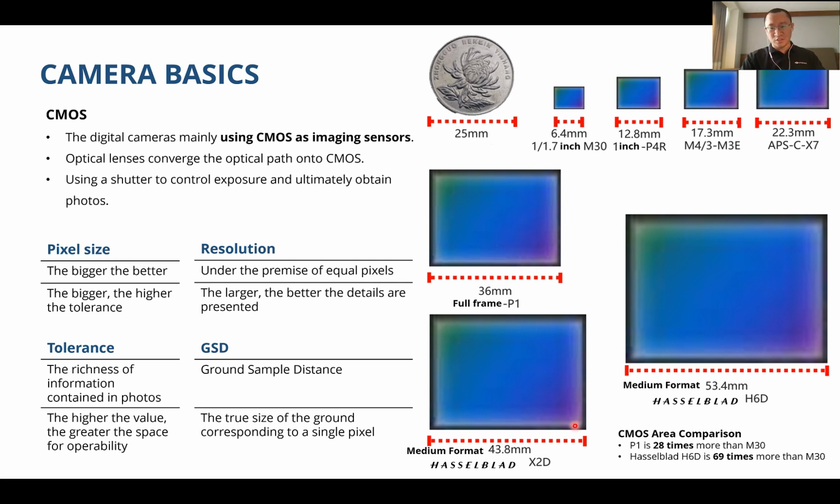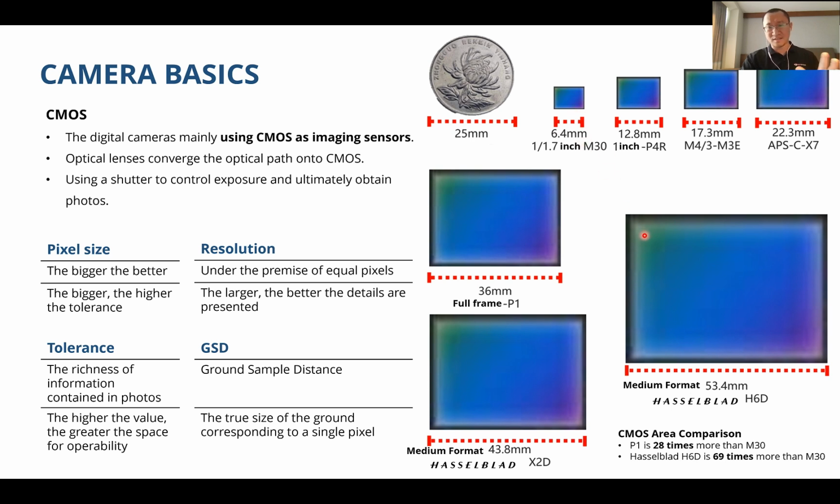And I have attached two larger CMOS sensors from Hasselblad, with medium format. On the CMOS area comparison, you can see the P1 is 28 times larger than the M30, and the Hasselblad H6D is 69 times larger than the M30.